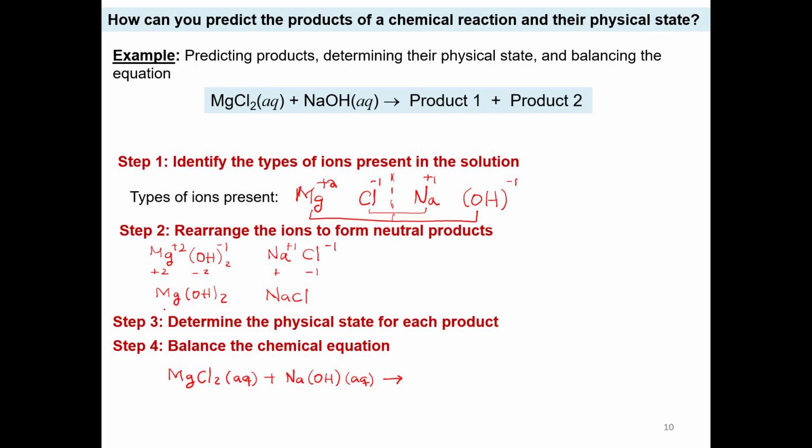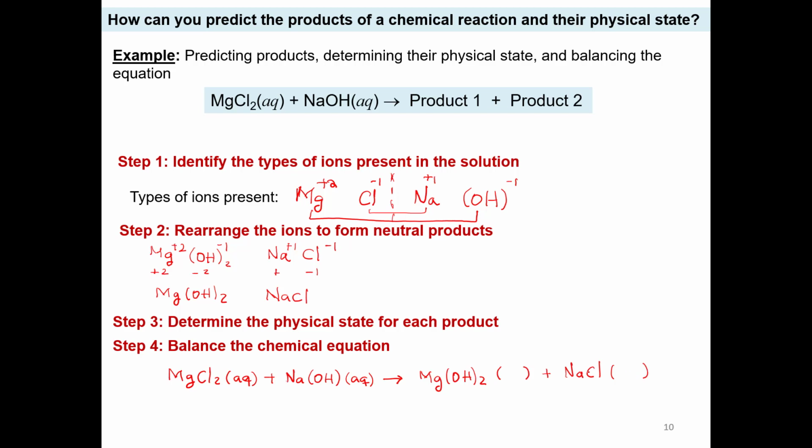Then we had magnesium, plus, let me give here some space to write the physical state for the product. Here we will write the physical state for this product, plus, then we had sodium. Here we will write the physical state for this product.